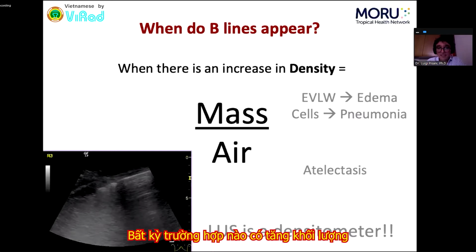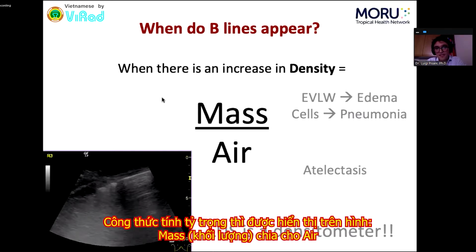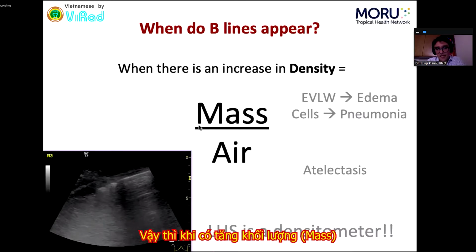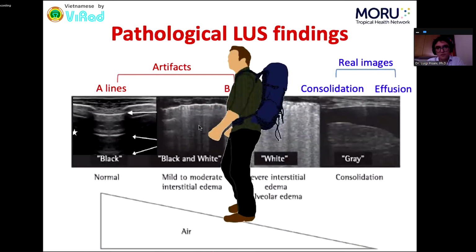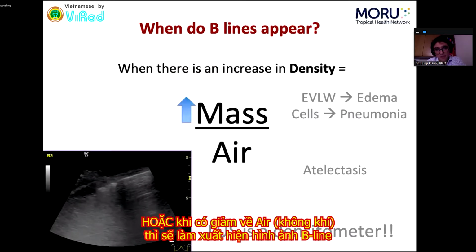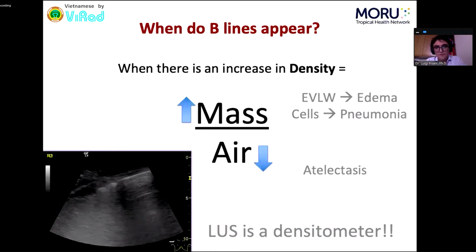Any increase in mass, so the formula of density is mass divided by air, so any increase in mass or any decrease in air will cause B-lines to appear.